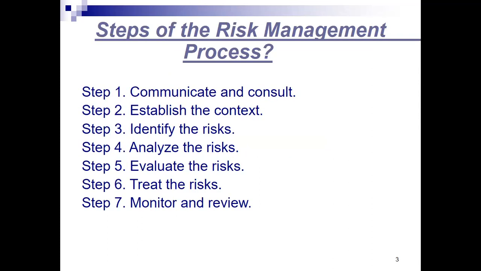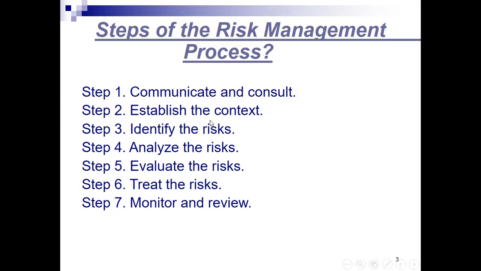Now, here are our steps. First is communicate and consult, then followed by the subsequent steps that we are going to dissect each in the slides as we go along. It begins with communication and consultation with an expert or specialist in the field, and whoever is in charge of governance would look into the management of risks.